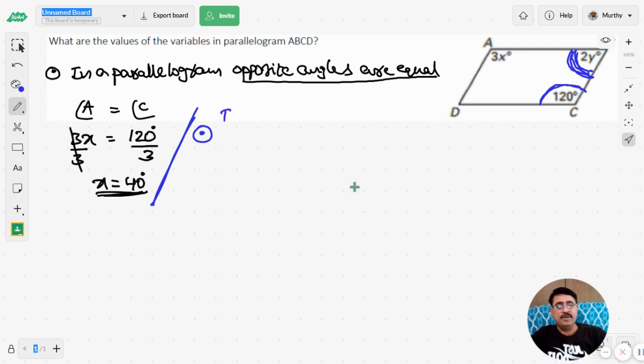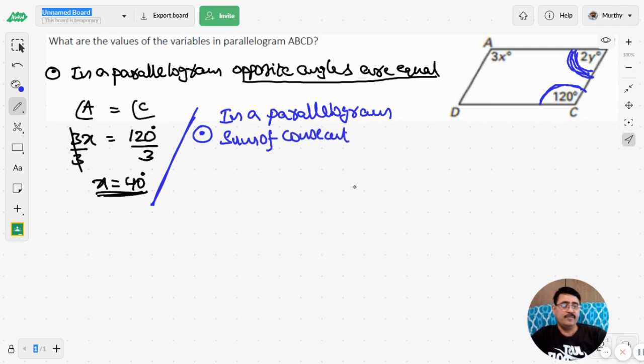Therefore, in a parallelogram, the sum of consecutive angles is 180.